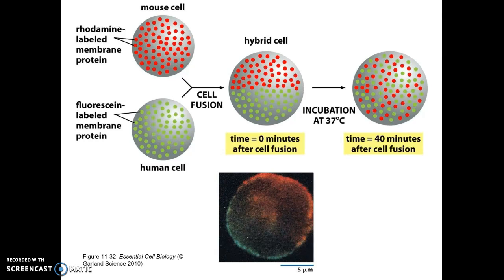Over time, it will go from a cell that has a red side and a green side to a cell that is all yellow, mixing the red and the green fluorescent dyes. And so that's how we can prove that there's a free movement side to side of the entire membrane.